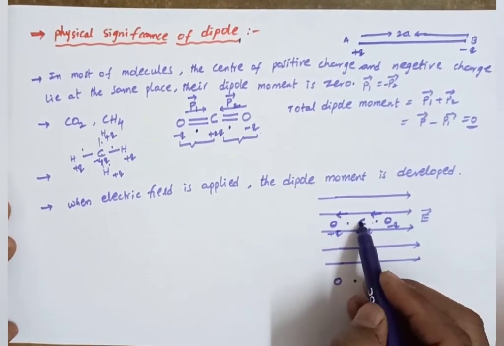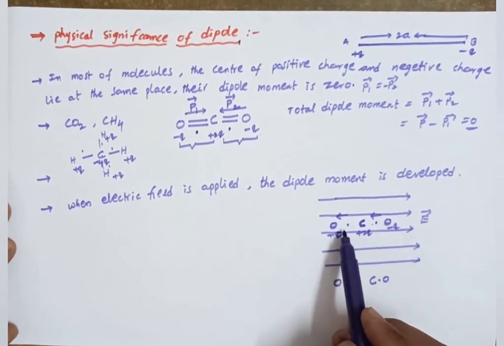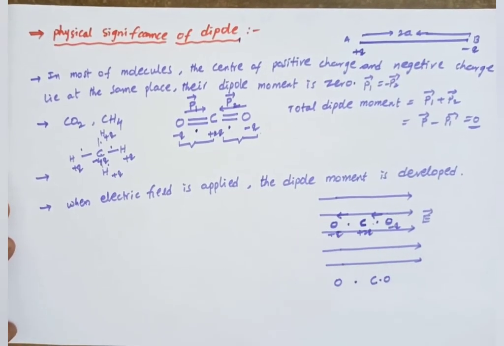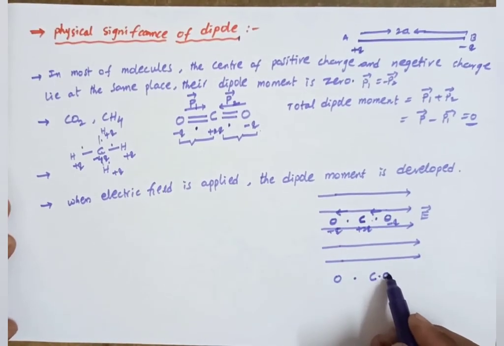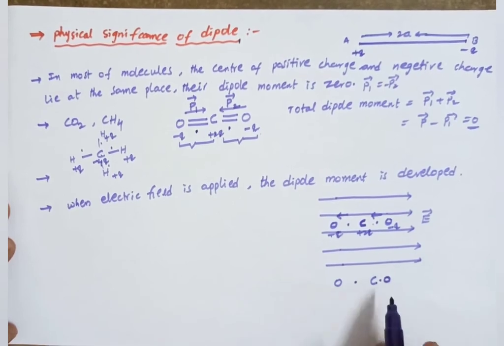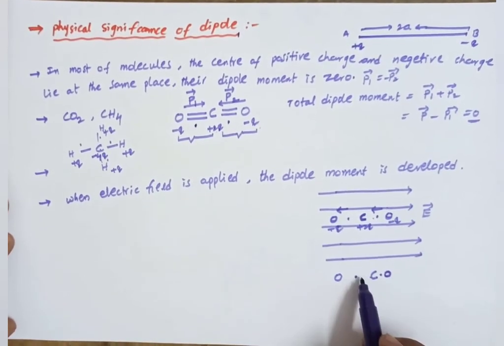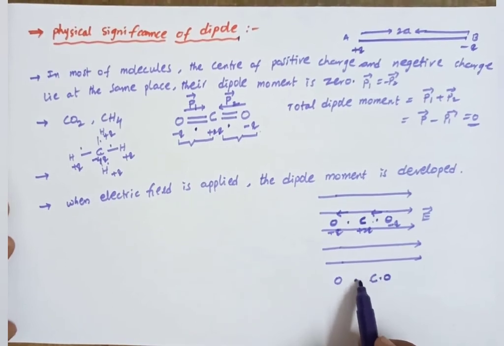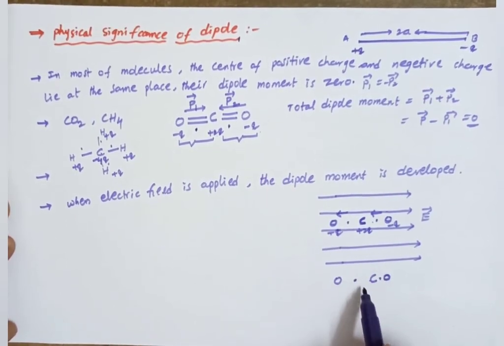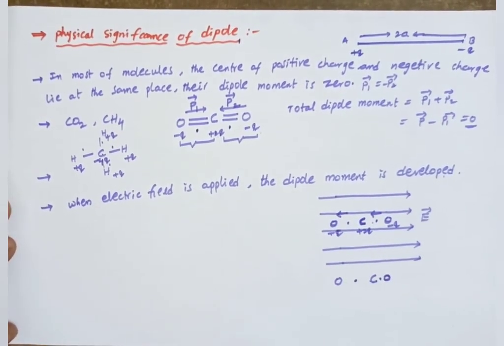The carbon is at a constant position, so the negative moves and the oxygen moves in this direction, the distance is decreased and this distance is increased. The centers of mass don't coincide, then the dipole moment is developed. This is the induced dipole moment.